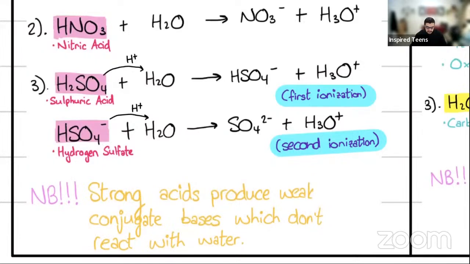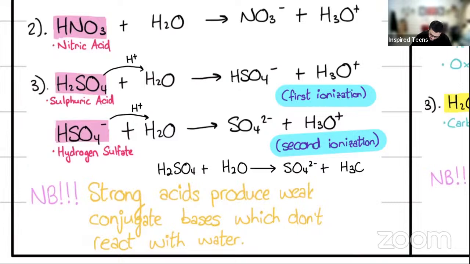Now this double ionization we can actually show in one complete reaction. That is H2SO4 plus H2O gives us SO4 2 minus plus H3O plus.